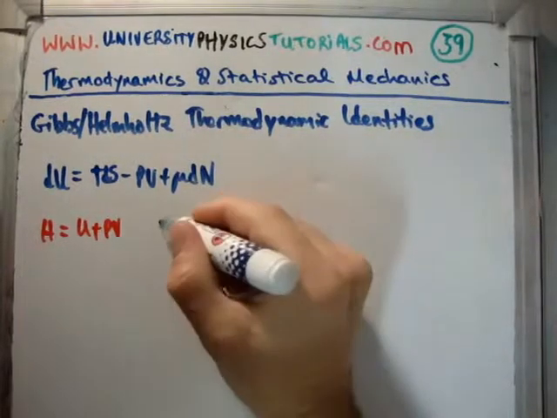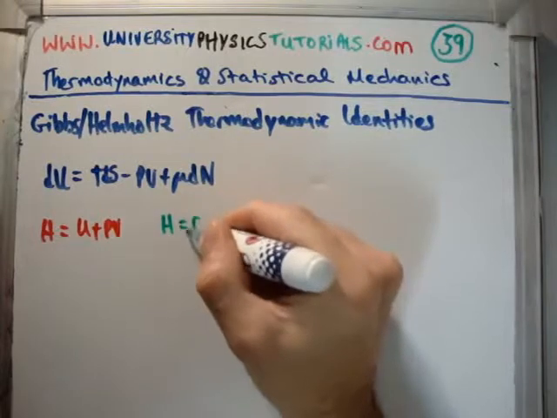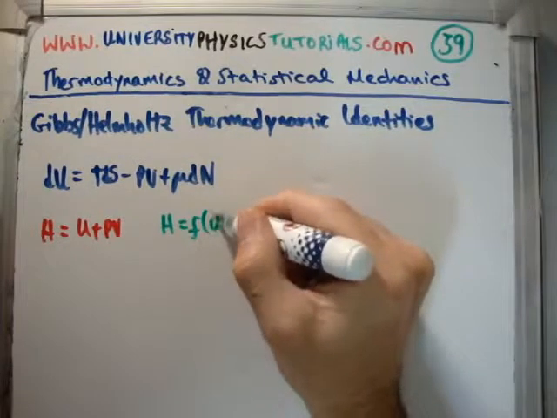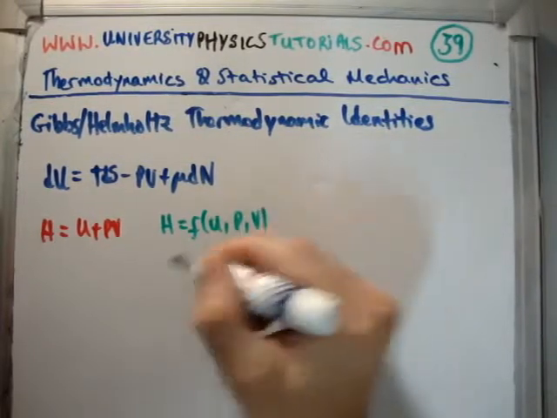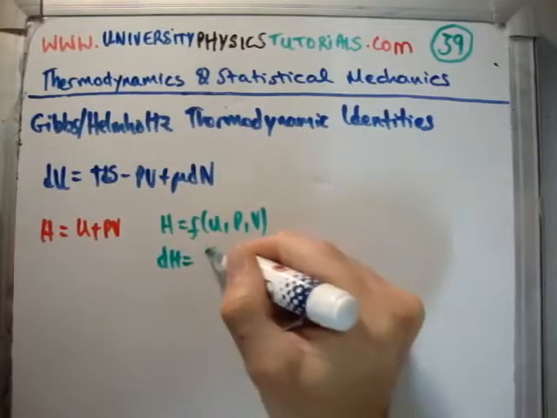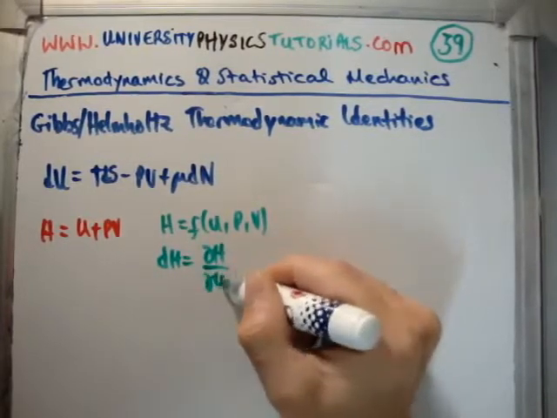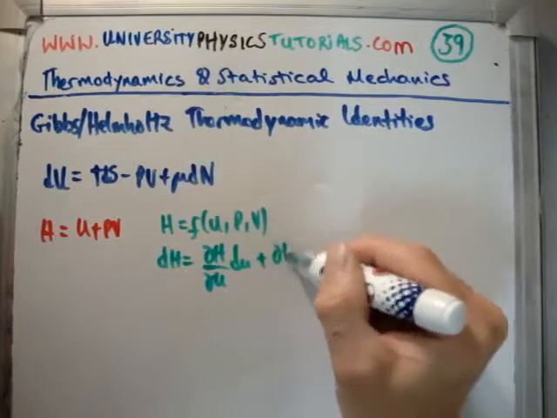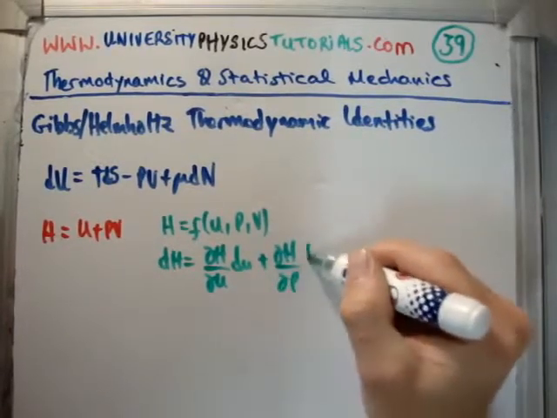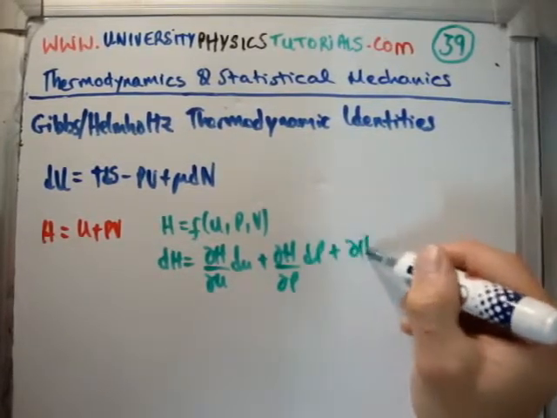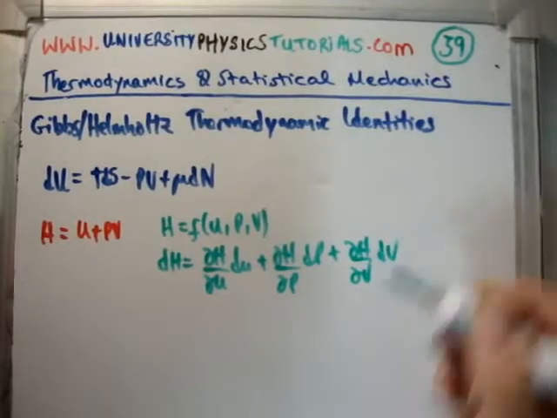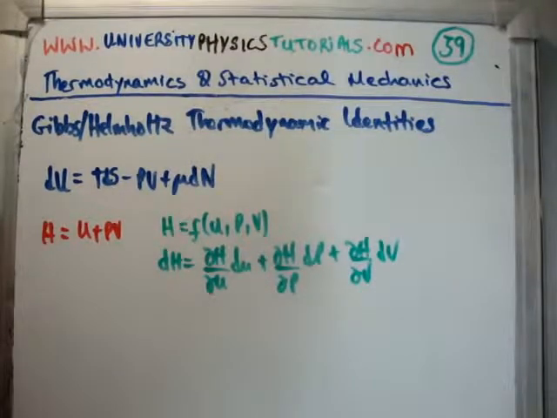We know that H is a function of internal energy, pressure and volume. That means that dH is equal to del H del U dU plus del H del P dP plus del H del V dV. In general, that's just a mathematical property of all these derivatives.